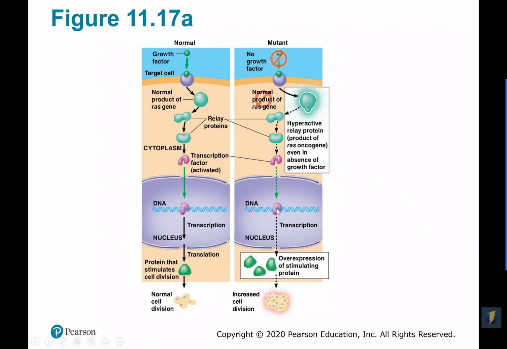And so we get lots and lots of this transcription factor being made, and lots and lots of this protein being made from translation. And so now our cell division protein that stimulates cell division, we've just got way too much of it, and so we're doing way too much cellular division.